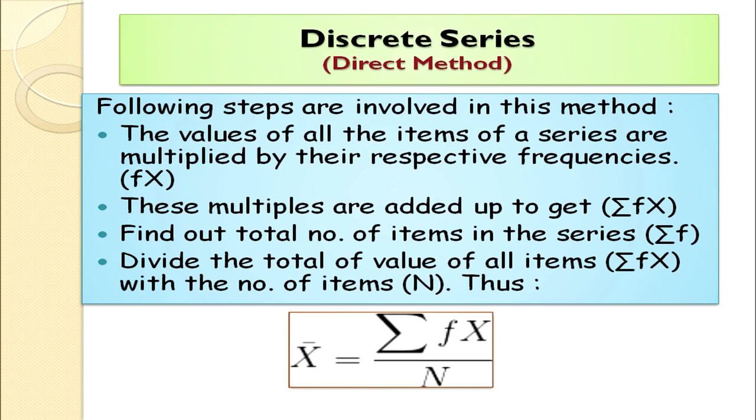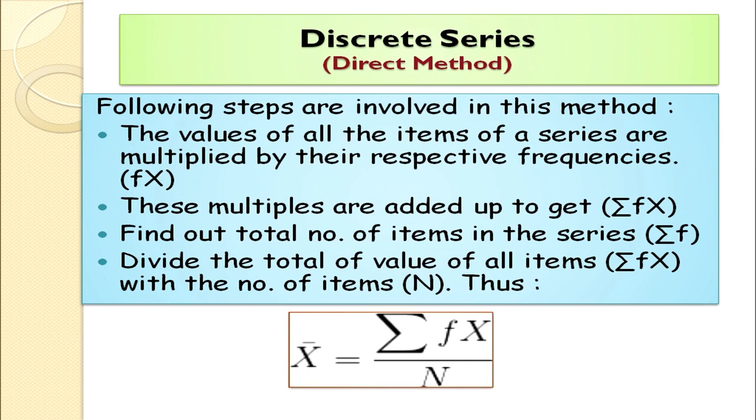We now know in case of discrete series we have x and we have f. So, what are the steps? Very first, the values of all items of a series are multiplied with their respective frequencies. That means we multiply frequencies with their x item values. So, we will get a column of fx. Once we have multiplied fx, we add them up.